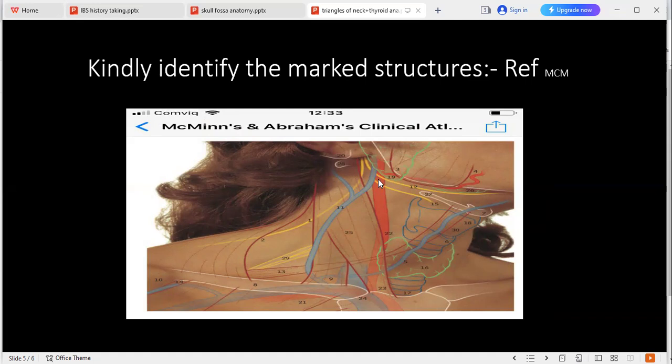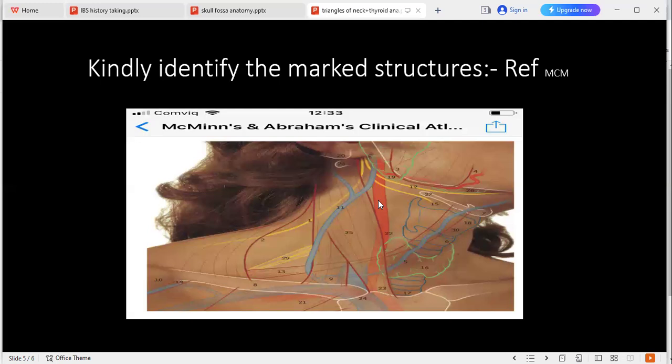The external carotid artery is one of the terminal branches of the common carotid artery, which divides at the C4 level, and then goes upwards behind the angle of the mandible. It divides into two terminal branches under the parotid gland: the superficial temporal and maxillary arteries.